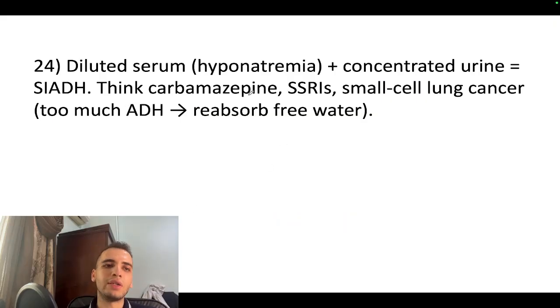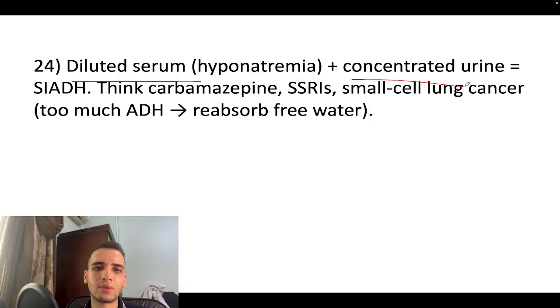Now, inversely, if you see diluted serum but concentrated urine, it means that ADH is working too much, so it's absorbing water from the urine and into the serum, so it's diluting the serum and causing hyponatremia. This is called syndrome of inappropriate antidiuretic hormone because antidiuretic hormone is secreted inappropriately. It can happen either in drugs or in some cancers.